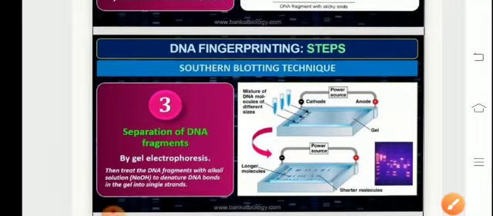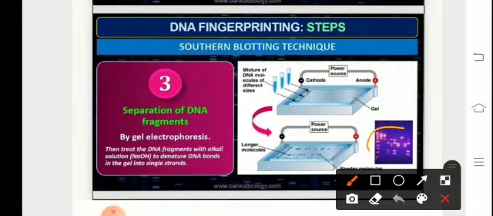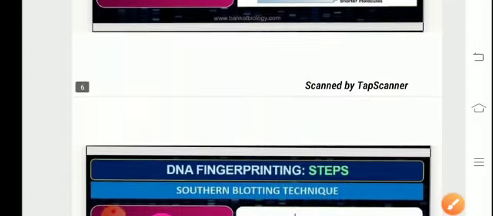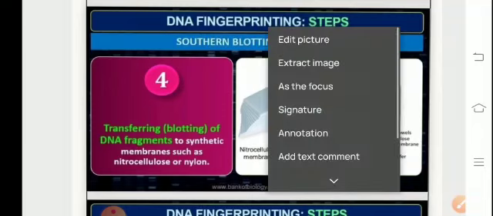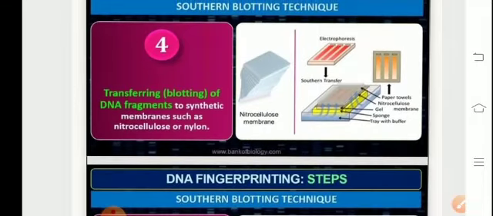Now this is how the fragments appear when they get separated and are visualized by using the autoradiography technique. Talking about the southern blotting, again, the 4th step is transferring of the DNA fragments, because they've got more affinity for the nitrocellulose membrane or the nylon sheet.